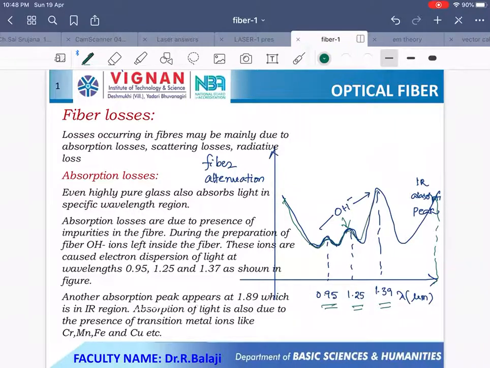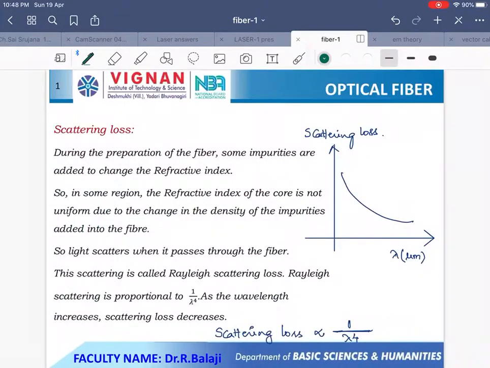In this graph you get the attenuation losses, and these absorption values are mainly due to OH minus ions present in the optical fiber, which exist at the time of preparation of optical fibers.